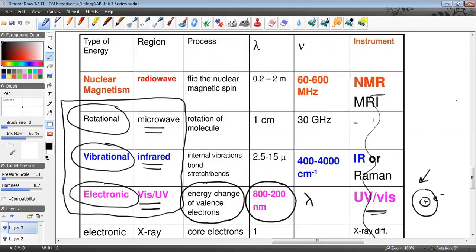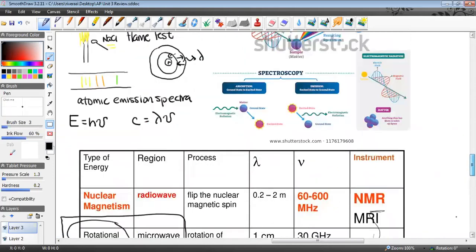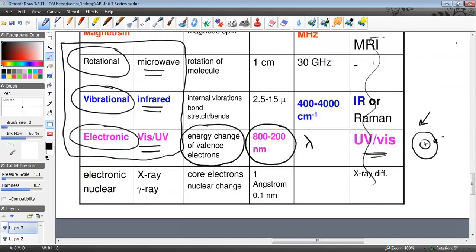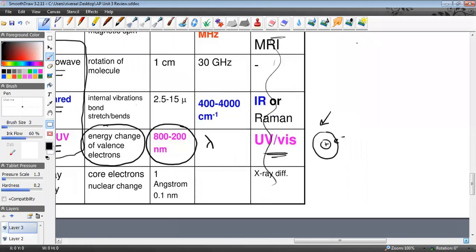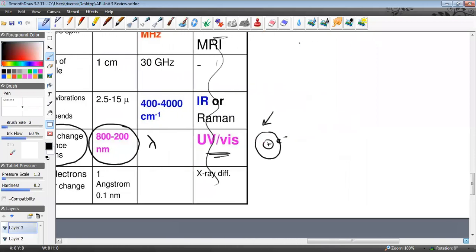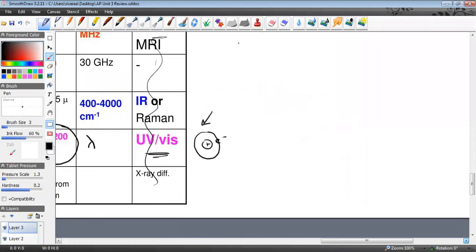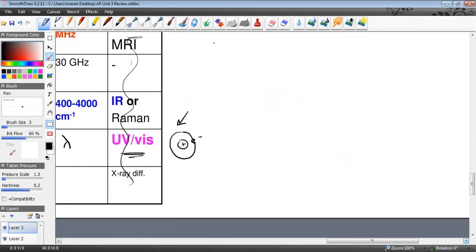And here's what you should know. If I were in charge of the AP exam, this is what I would care about: that you know the electromagnetic spectrum is a wide range. When we talk about things traveling at the speed of light, there are a lot of different things that travel at the speed of light.